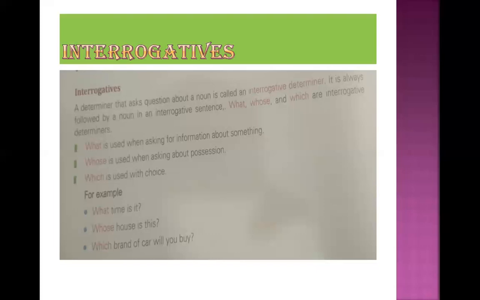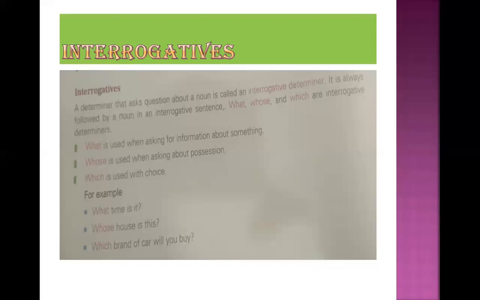What is used when we are asking for information about something. Example: what time is it? Whose is used when asking about possession. Whose house is this? Which is used with choice.